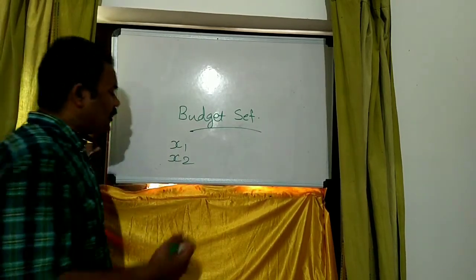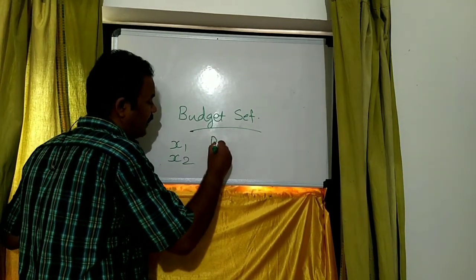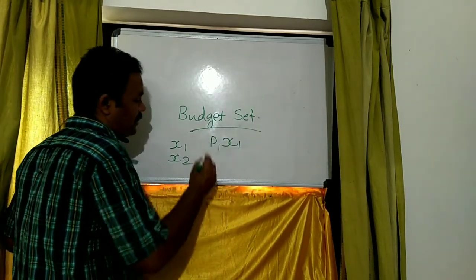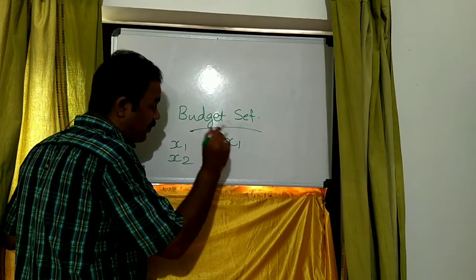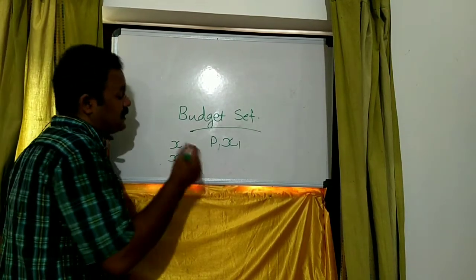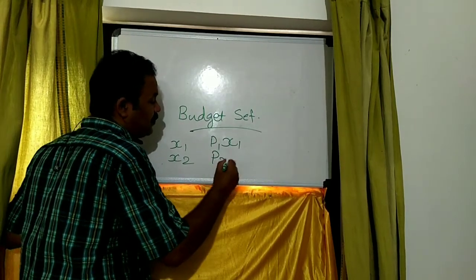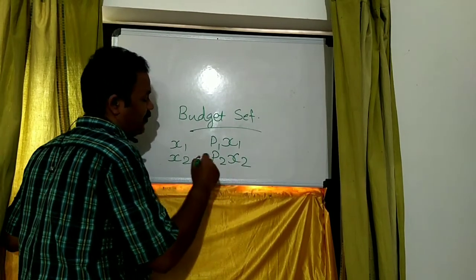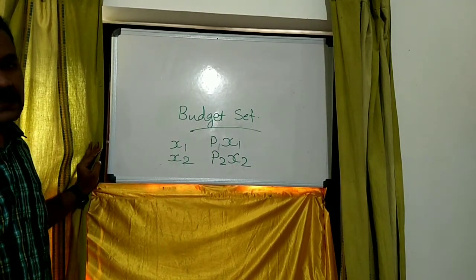Then the total expenditure for purchasing good 1 is P1 x1, price of the first commodity into quantity of the first commodity. The total expenditure for purchasing the second commodity is P2 x2, price of the second commodity into quantity of the second commodity.